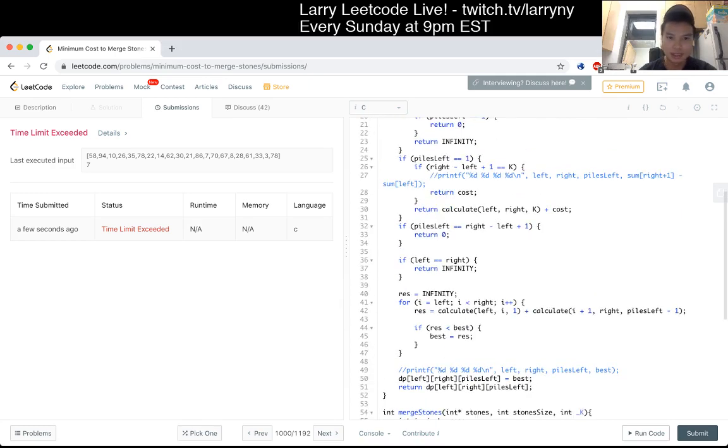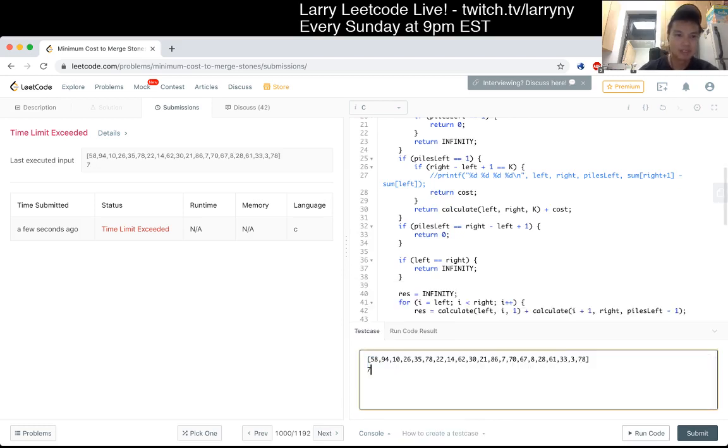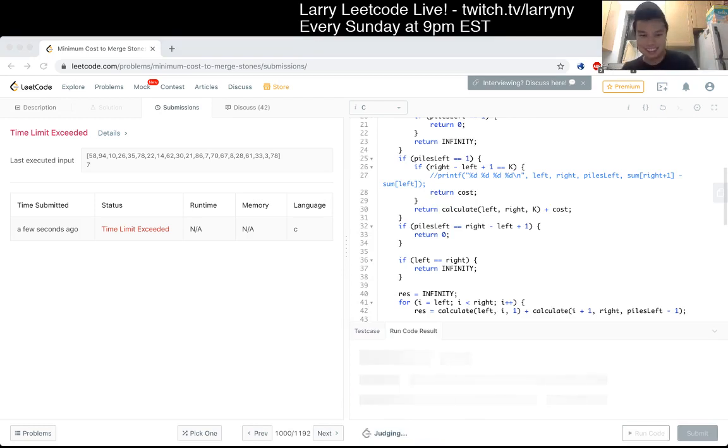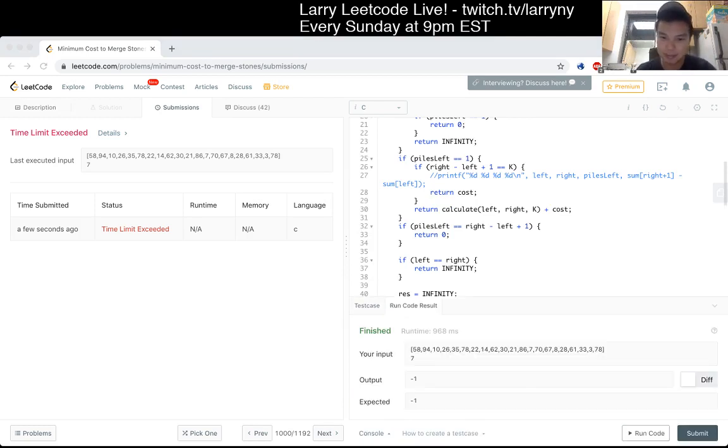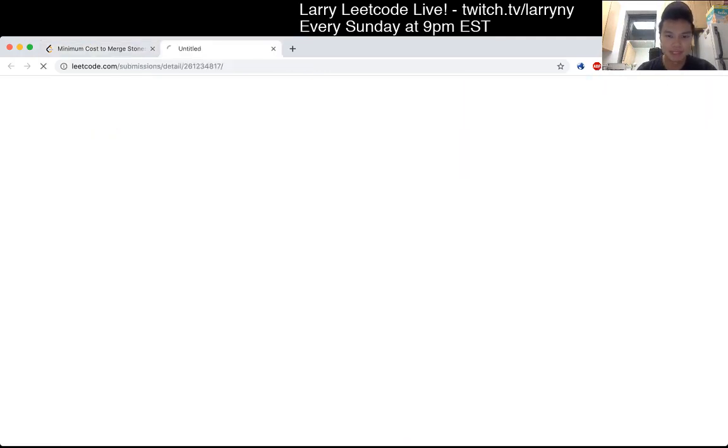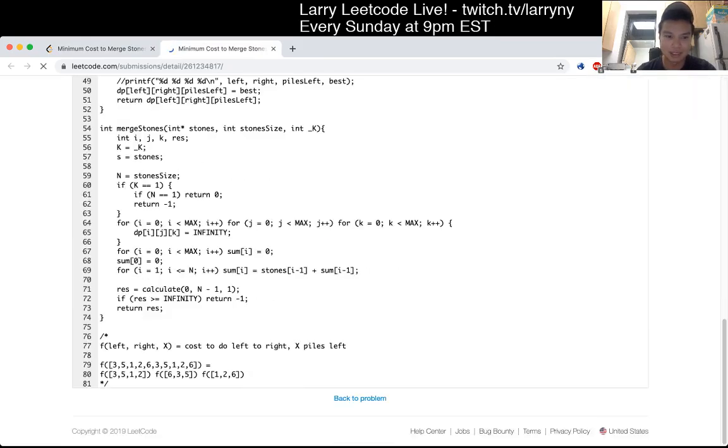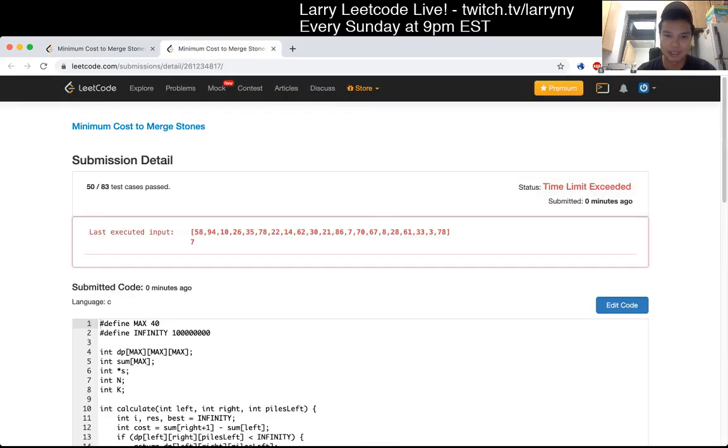So, okay, let's see. That's very helpful, but I mean, it's a little slow, but it seems to have worked. Maybe I didn't cache something quite right.